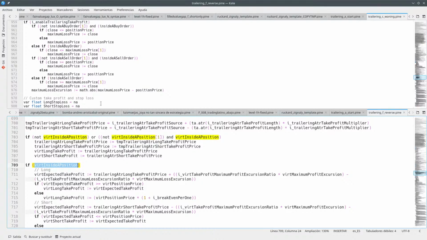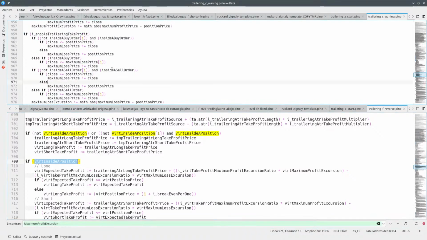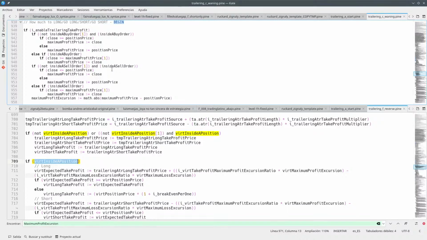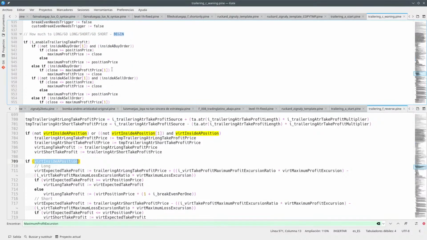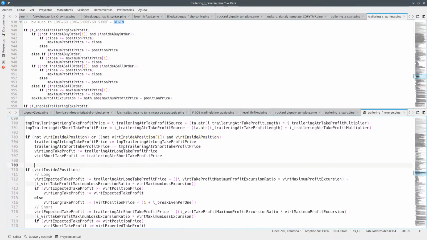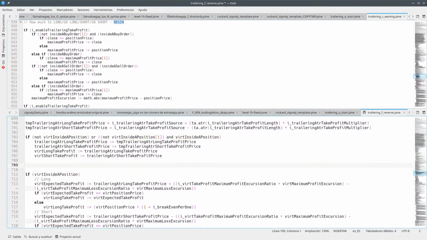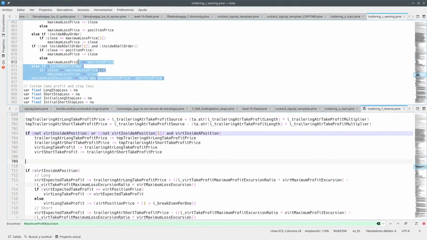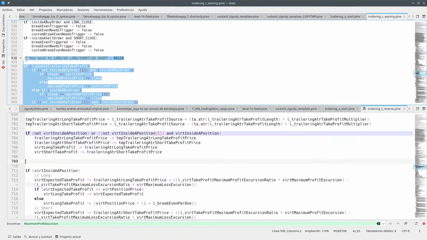And this is the full take profit. Yeah, so we probably want it to be here, although I'm not sure if this is a good place. So I want this to be here.